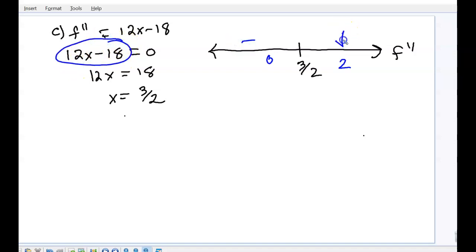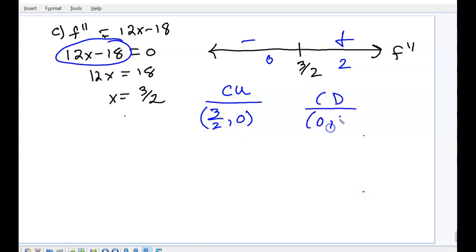If I plug a 2 in, I'm going to get positive. So I know that my graph is concave down from negative infinity to 3 over 2, and it's concave up from 3 over 2 to infinity. So in part D, that means my inflection point is going to be at 3 over 2.